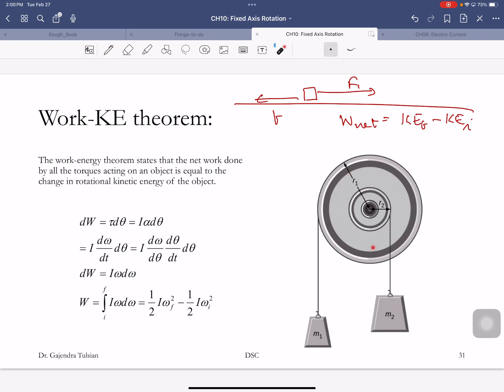Similarly, if you have an object, and this is applying one torque, and this is applying another torque, the net work done by all these torques shows up as change in rotational kinetic energy. So when you're applying torques, you're increasing or decreasing rotational energy. When you're applying linear forces through the center of mass, all you're doing is changing linear kinetic energy. These are not imparting rotational motion.